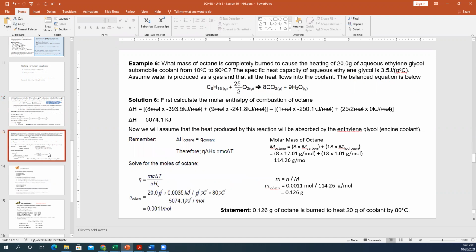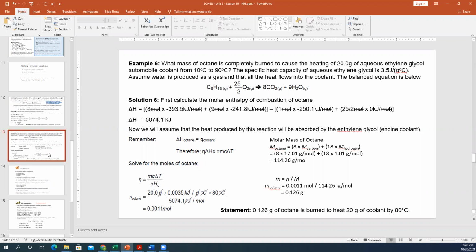So let's look at one more example. In this example, you're asked, what mass of octane is completely burned to cause the heating of 20 grams of aqueous ethylene glycol, which is an automobile coolant, from 10 degrees to 90 degrees.